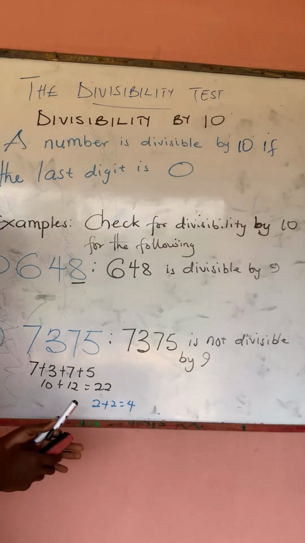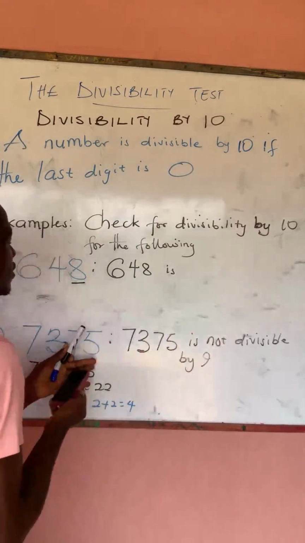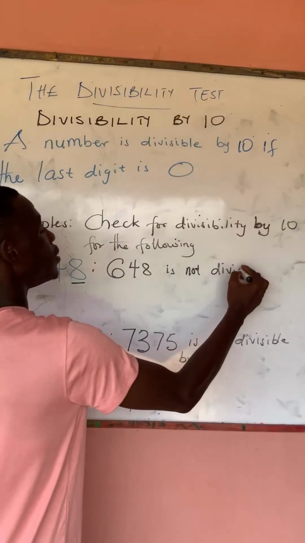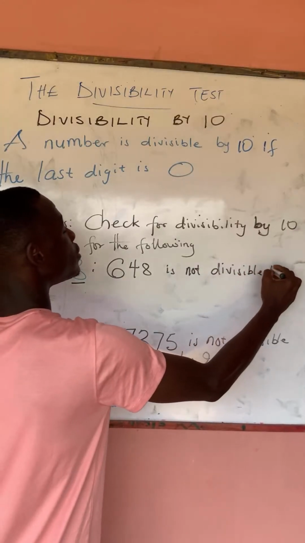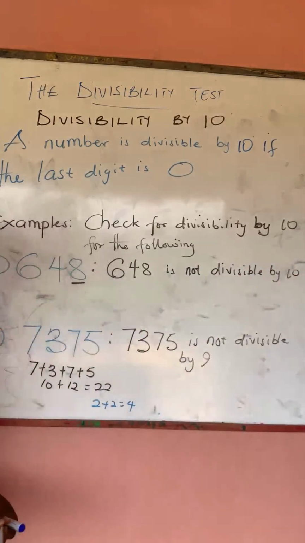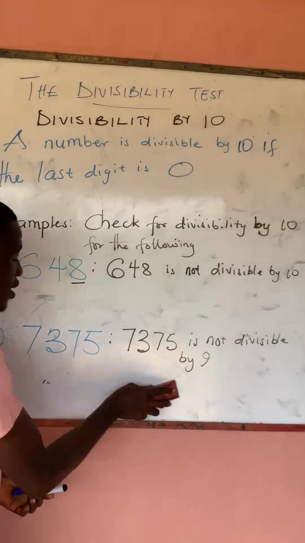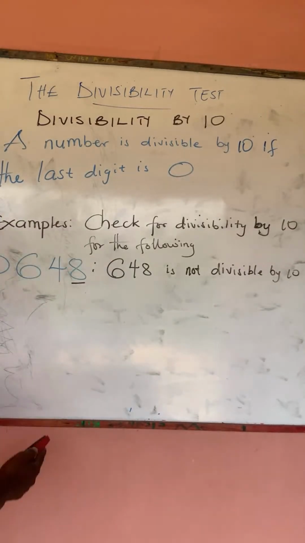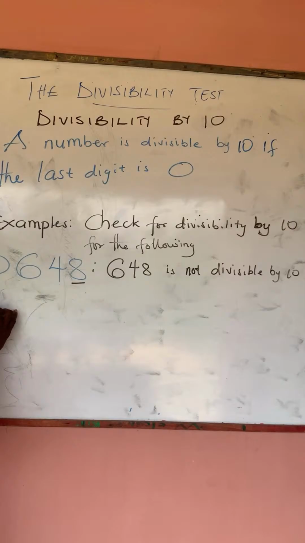So we conclude that 648 is not divisible by 10 straight away. This one doesn't need any calculations, any long things. That's an example.